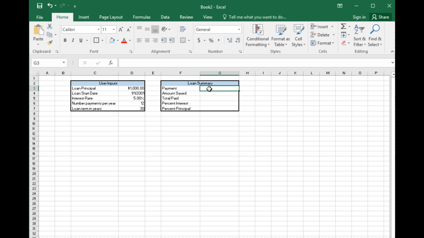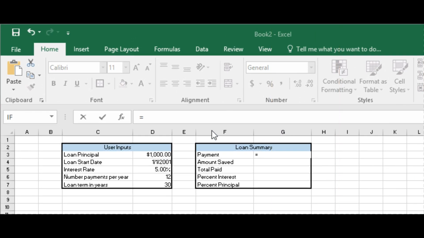So click on your payment cell, and you want Excel to tell you how much the monthly payment is with the given information. So we'll say equals, and let me go ahead and zoom up and pay attention to what I'm typing into this equation bar. So equals principal, so here's my principal, and I want to multiply that by APR divided by N. Here's my APR, and I'm going to divide that by N, which is the number of payments per year.